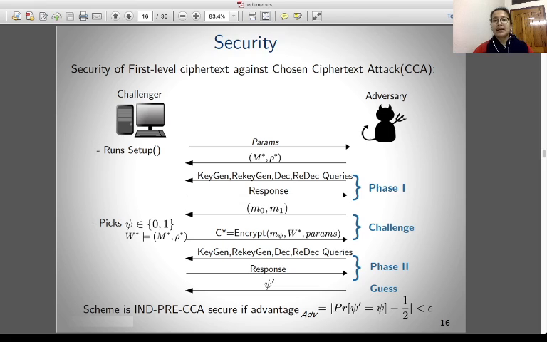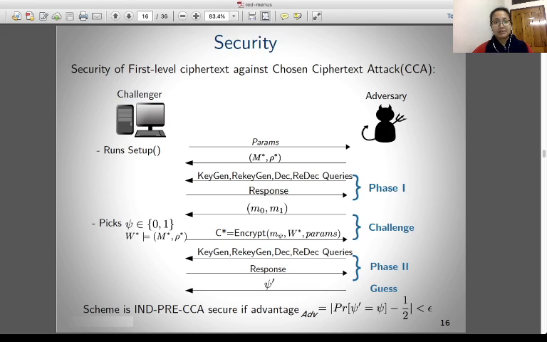Next, it enters phase 1, the training phase, where it can make various key generation, re-key generation, decryption or re-encryption, re-decryption queries to the challenger, who is going to respond accordingly. After this, the adversary is going to enter the challenge phase, where it sends two messages M0 and M1 of its choice to the challenger.